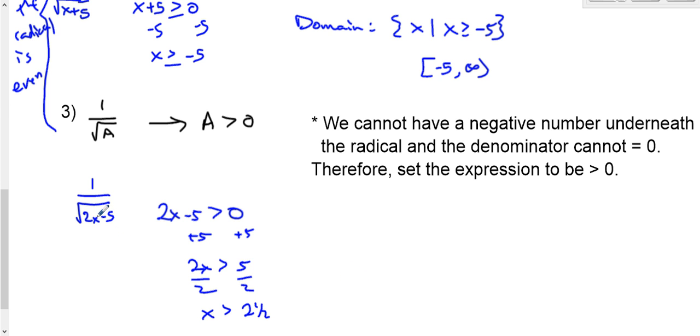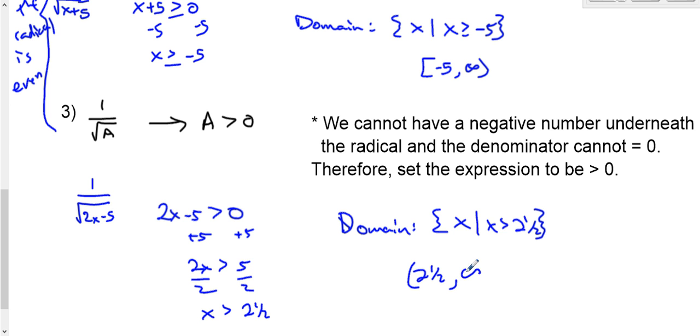So all the values greater than 2.5 can work. So I would say the domain is x such that x is greater than 2.5. As interval notation, I would write 2.5 with a parenthesis, and that could go all the way to infinity, and I would use parentheses for that as well.